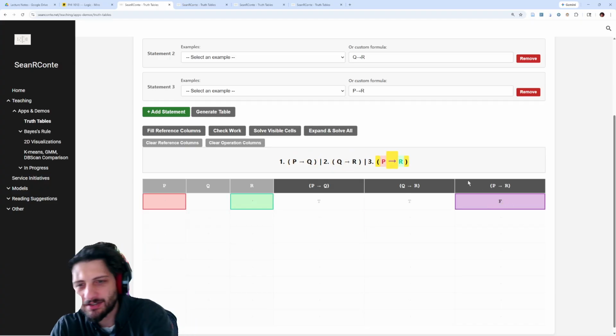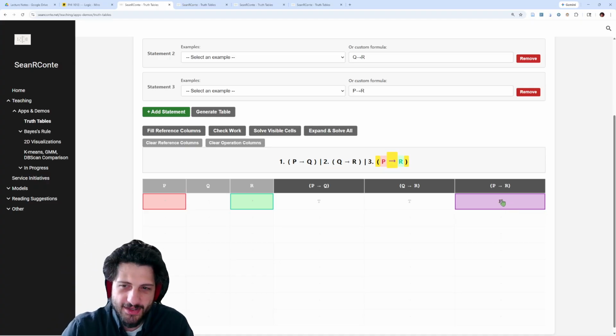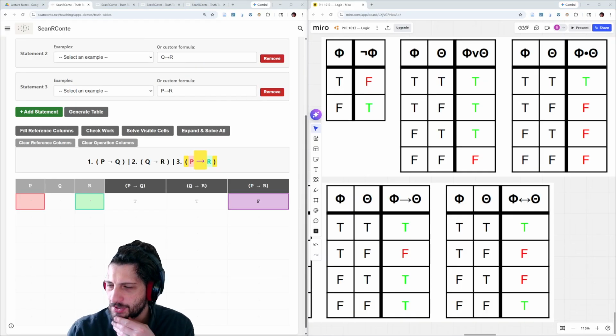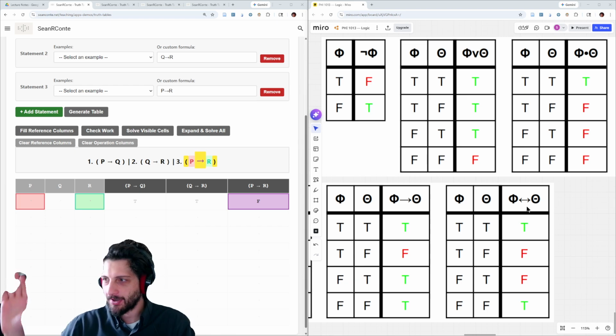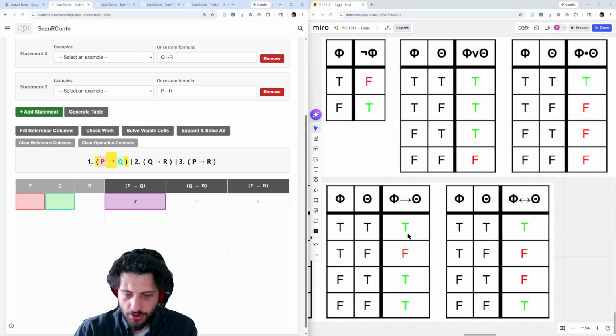Compare that to this last line over here, what we're using as our conclusion. If I called this false, remember, there's only one possible way that a conditional can be false. Let me bring up the table of our foundational tables. As I'm looking at a conditional, when I was looking at the true ones, there are 3 different ways a conditional can be true.